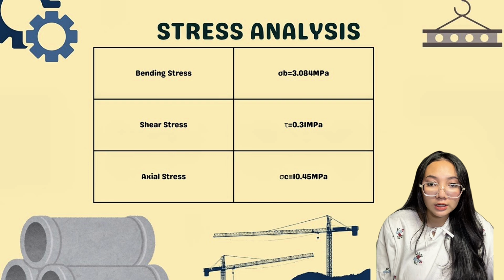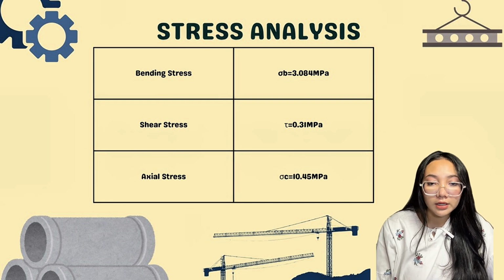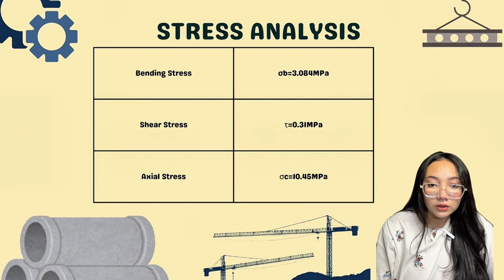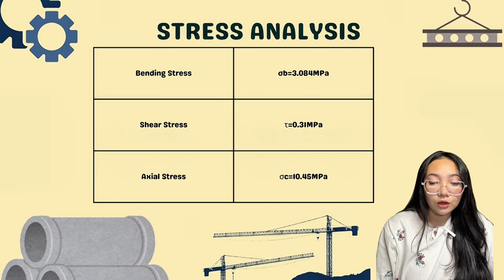Based on the stress analysis conducted on the structure, three types of stress were evaluated. First, bending stress; second, shear stress; and third, axial stress. The results show that the bending stress is 3.084 megapascal, indicating the stress developed due to the bending action of the member. The shear stress obtained is 0.31 megapascal, which represents the stress caused by the shear force acting on the structure.